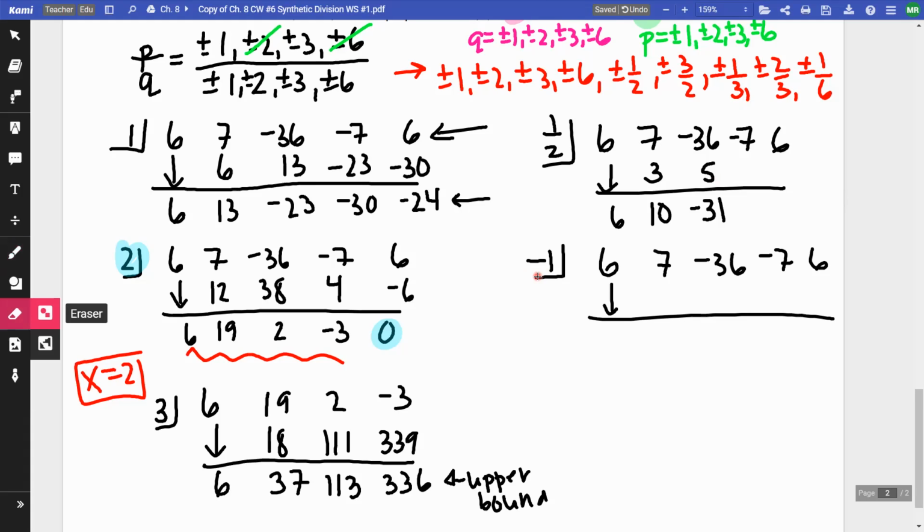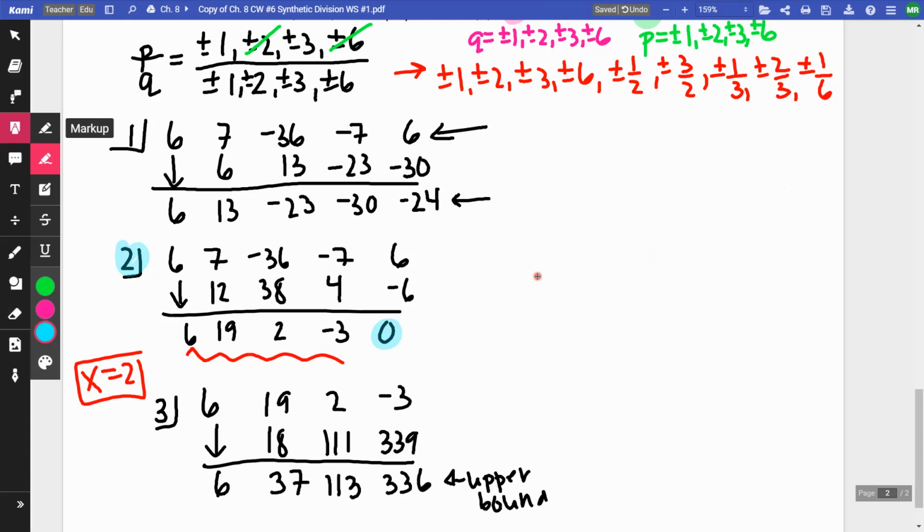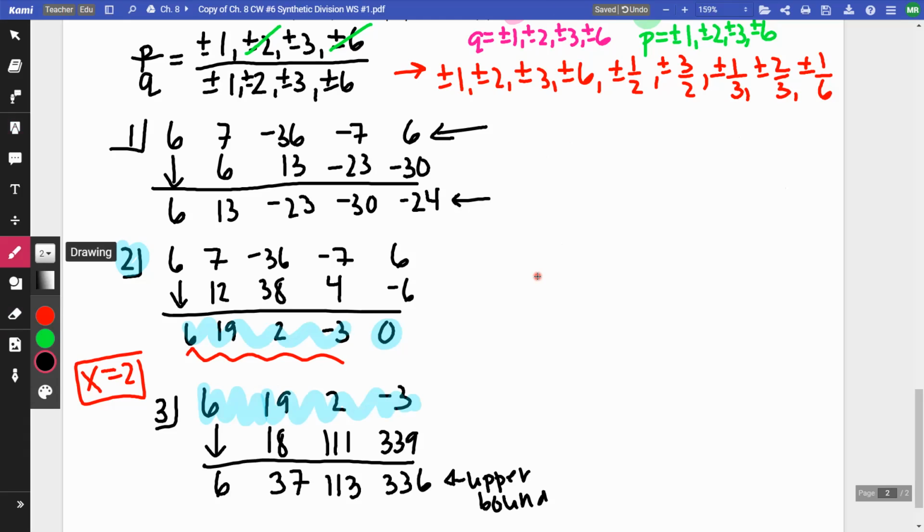I was doing not the right one. I know 1/2 is not going to work because it did not work in the original one, but I want to use the depressed one. So I honestly want to use this one here, right, because that was the one I got here. Sorry, I was copying the wrong one.